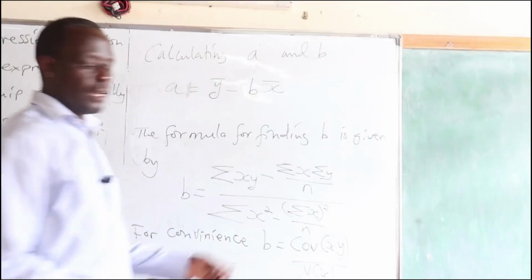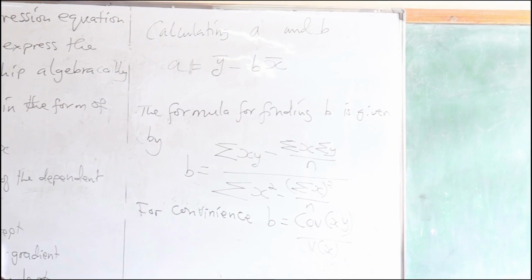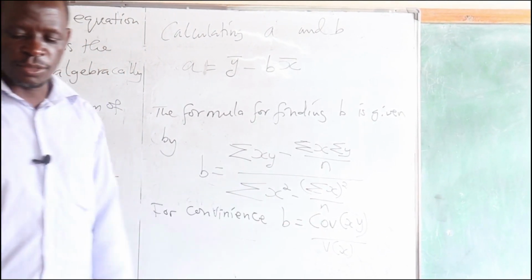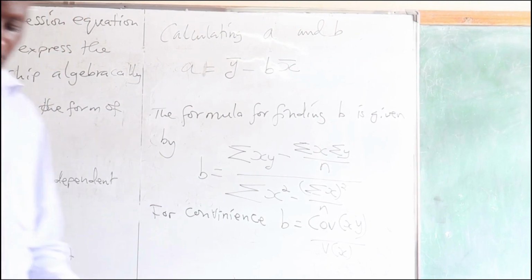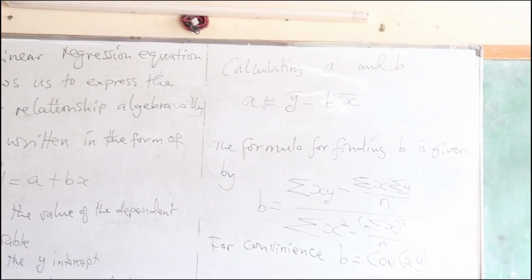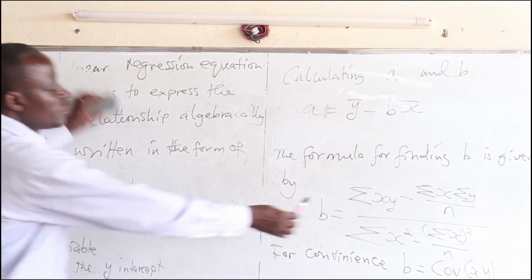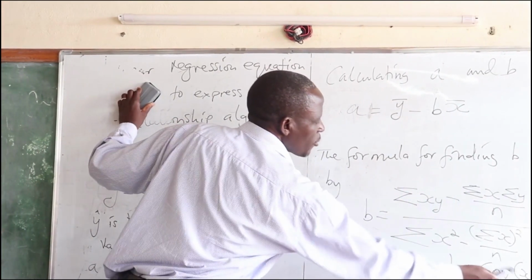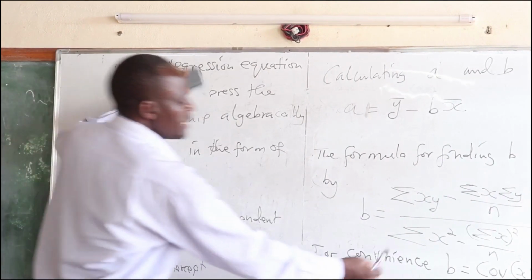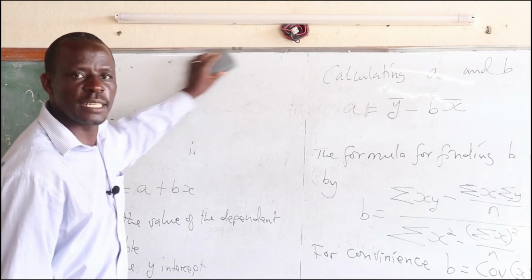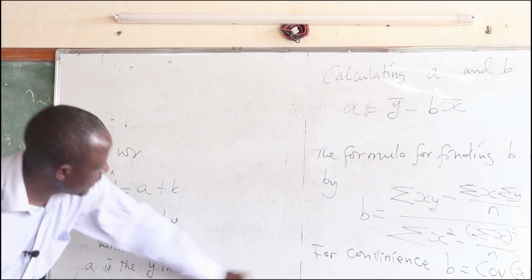The cov of xy is the covariance of x and y, and the vx is the variance itself. So the numerator here is what we call the covariance of xy, while the denominator is what we call the variance of x. So in short, we just write vx.